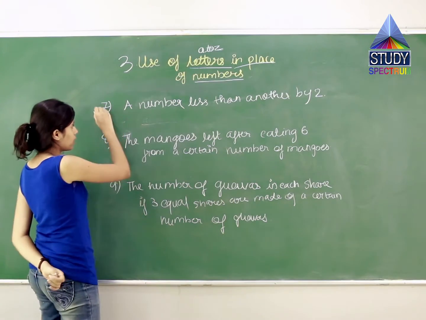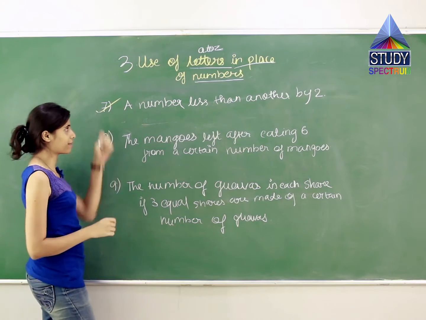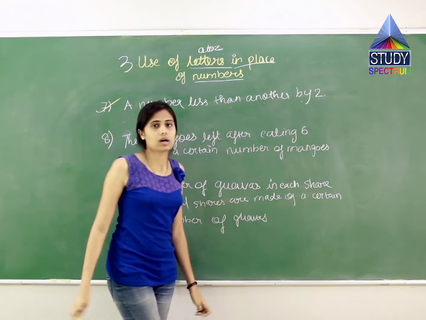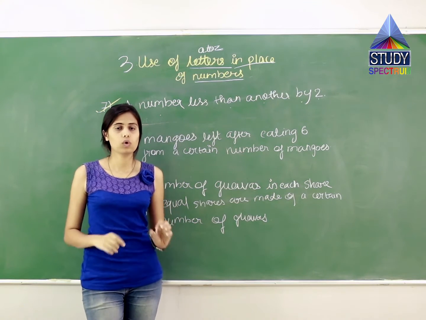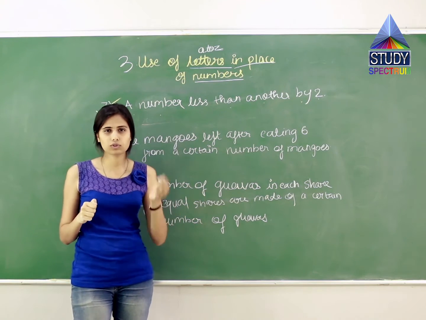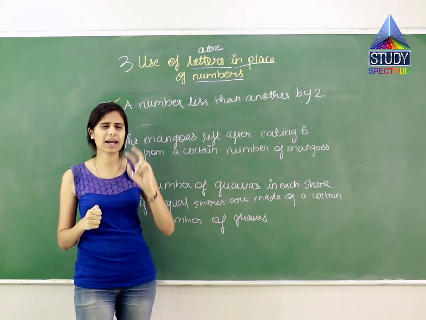Let us start with another example, which is the 7th. A number less than another by 2 means what? They are telling you that there is a number which is smaller than another number by 2 units, that is, -2.